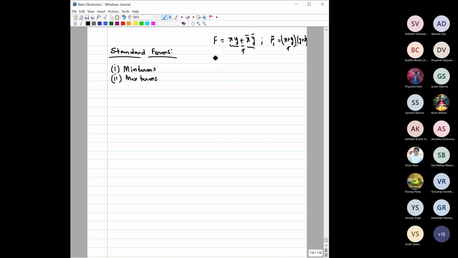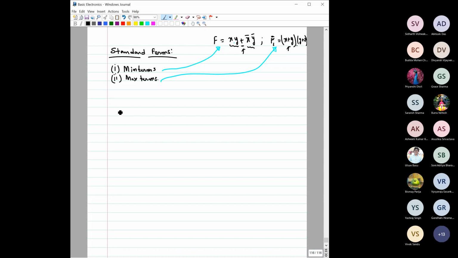When you are doing it like xy plus x dash, first AND and then OR between them, then this is called min terms. And when you do it first OR and then AND operation between them, then it is called max terms. Okay, so let us take an example and see it in a bit more detail.